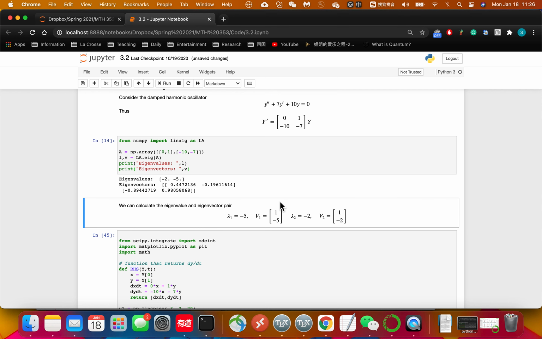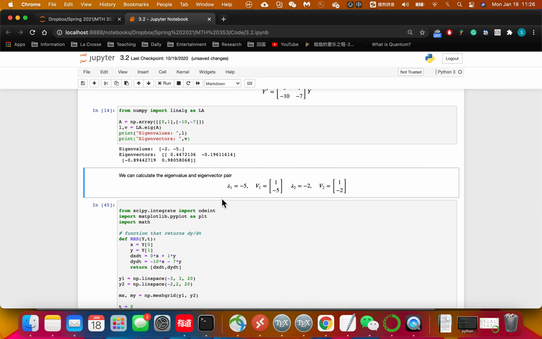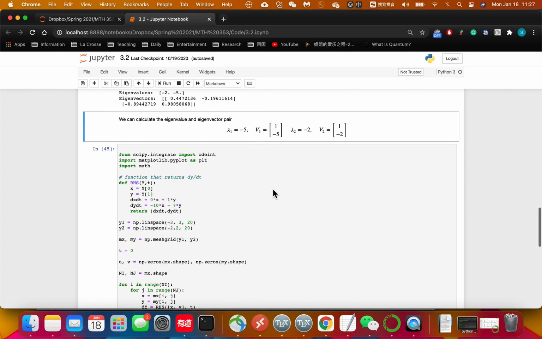You solve it with eigenvalues and eigenvectors using MATLAB or Python. Then we calculate lambda 1 equals -5, lambda 2 equals -2, and v1 and v2, which are different from what you see from here. But keep in mind, the first one is definitely going to be a constant multiplied by (1, -2). You can check by yourself. The second one is going to be a constant multiplied by (1, -5).